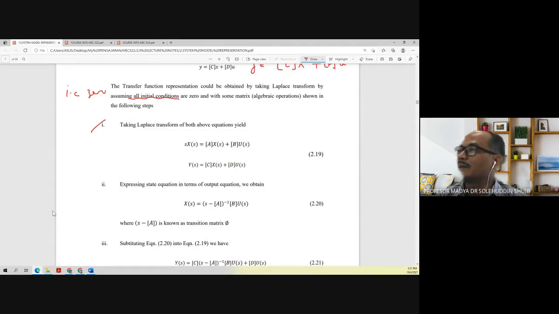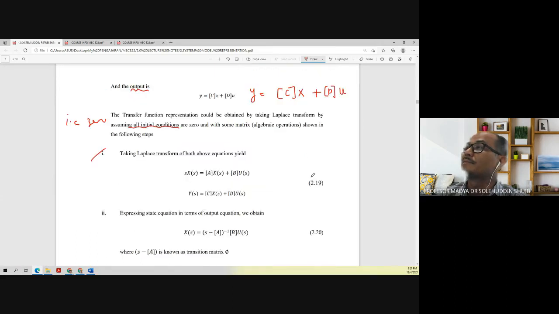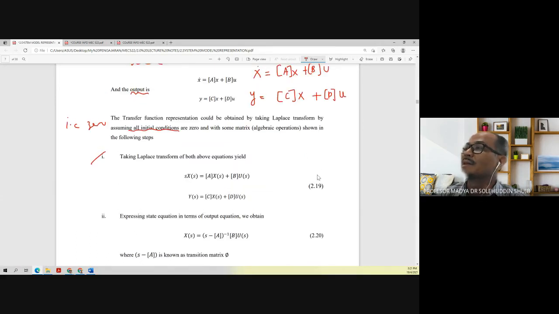Taking Laplace, we can write in this form: sX(s) equals A X(s) plus B U(s), and then Y(s) is C X(s) plus D U(s). So this equation we can write by taking Laplace for both equations.